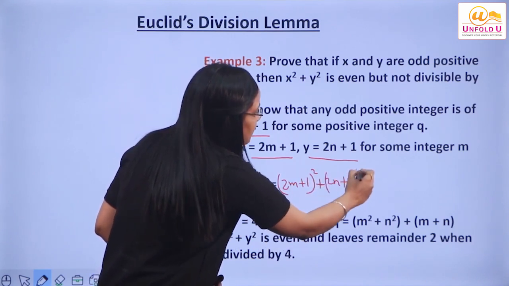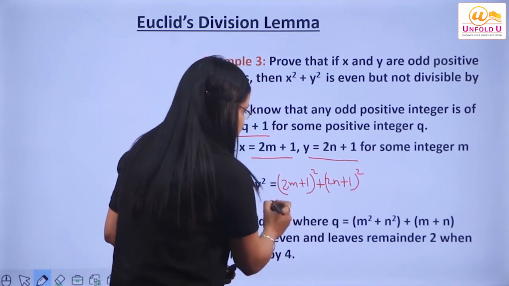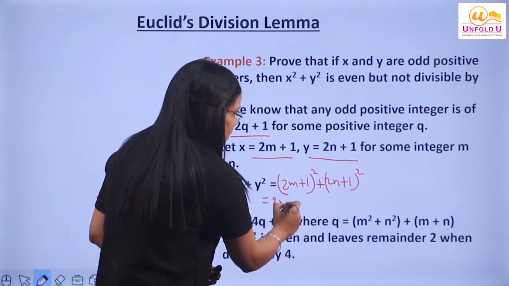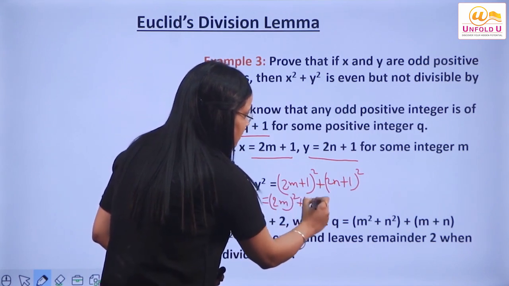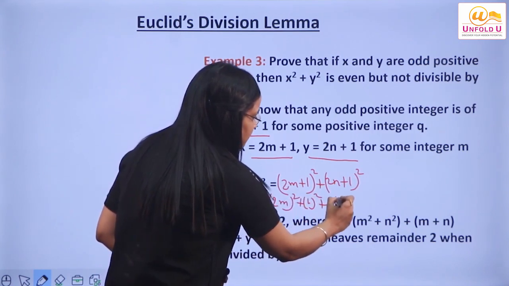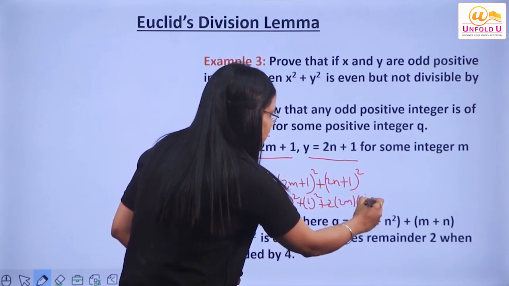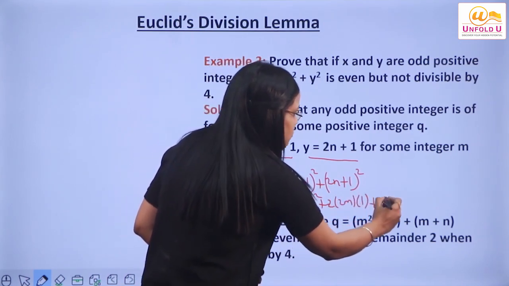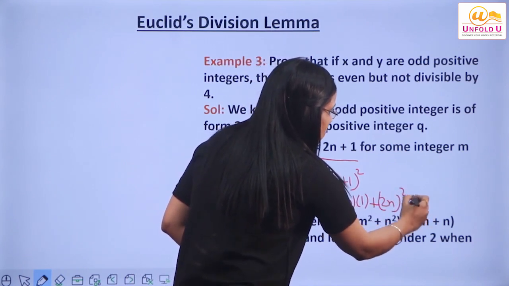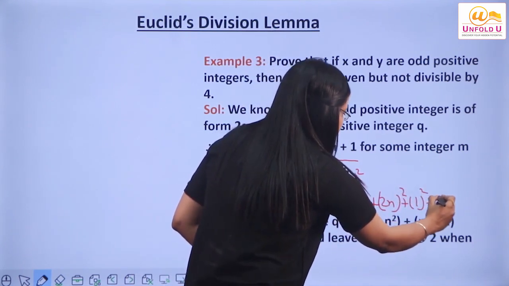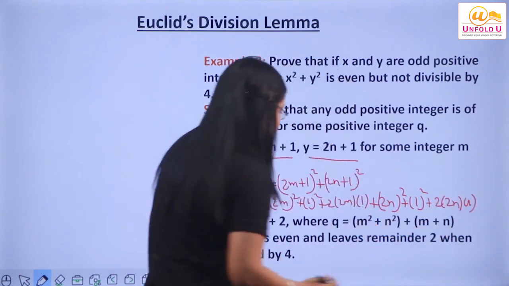Now we apply the identity (a plus b) whole square, which is equal to a square plus b square plus 2ab. And same way for (2n plus 1) whole square, we get (2n) whole square plus 1 whole square plus 2 into 2n into 1.